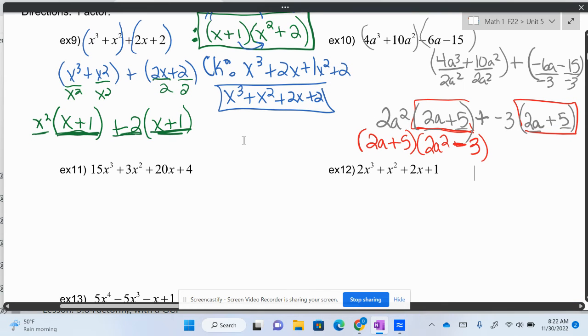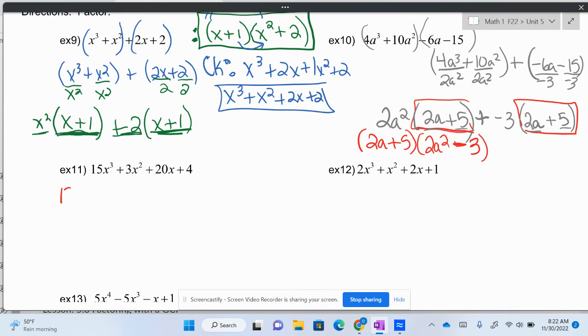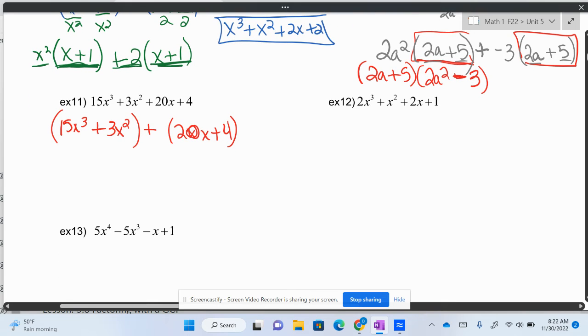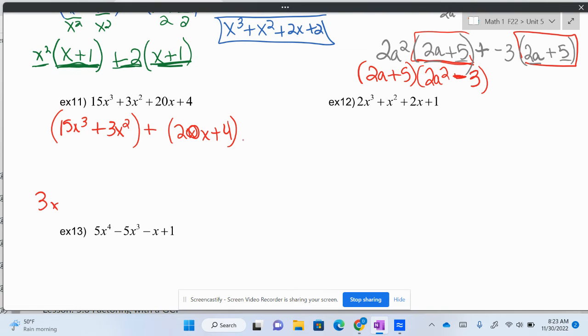So number 11, I'm going to group the 15x cubed plus the 3x squared together in a parenthesis, plus 20x plus 4 in a parenthesis. So what can I take out of the first grouping? I can take out a 3x squared.